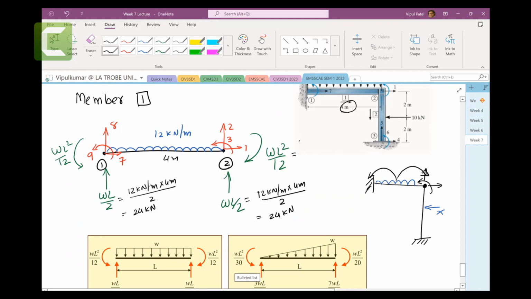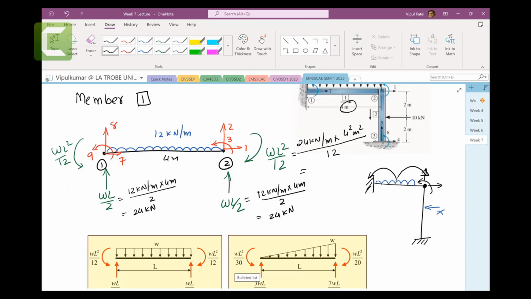In here, W is 24 kilonewtons per meter. Length is 4 meters, squared, over 12. Let me use my calculator. 24 times 16 divided by 12, you get WL square on 12.